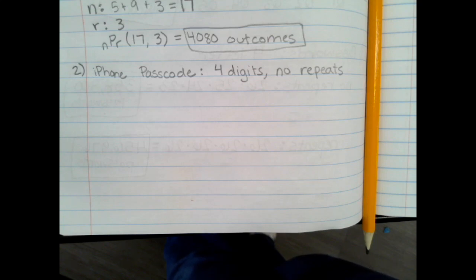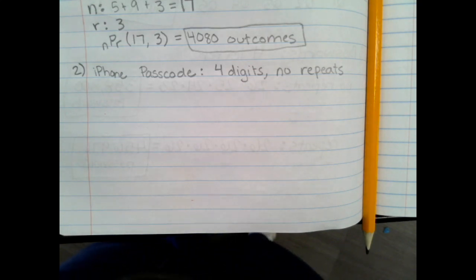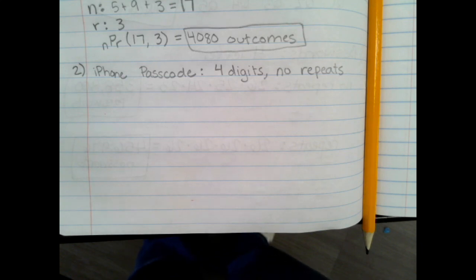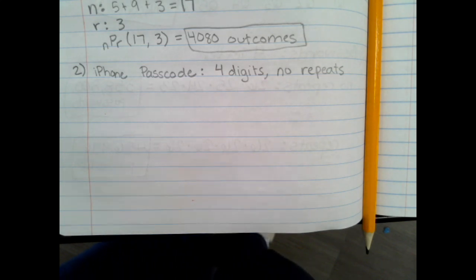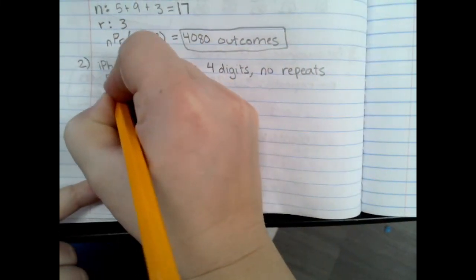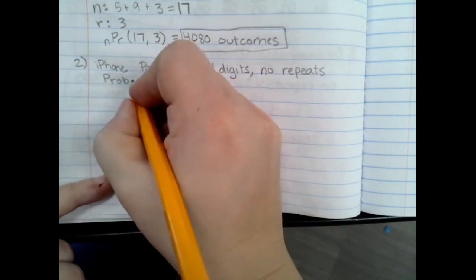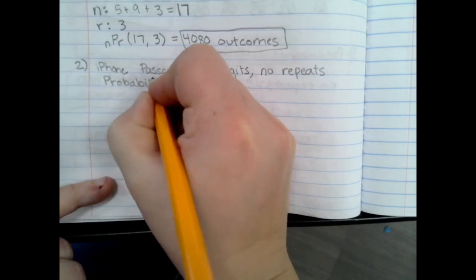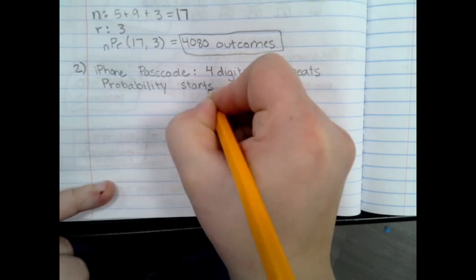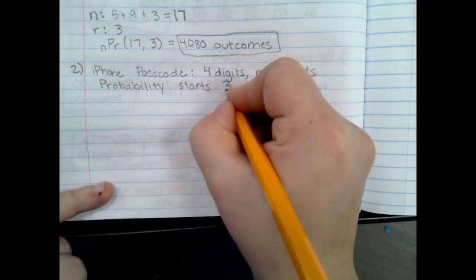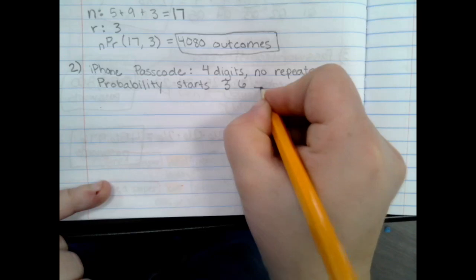Okay, iPhone passcode, 4 digits, no repeats. All right, and I want to know what is the probability that if I randomly pick a passcode, it starts with a 3, 6, and then something, something.